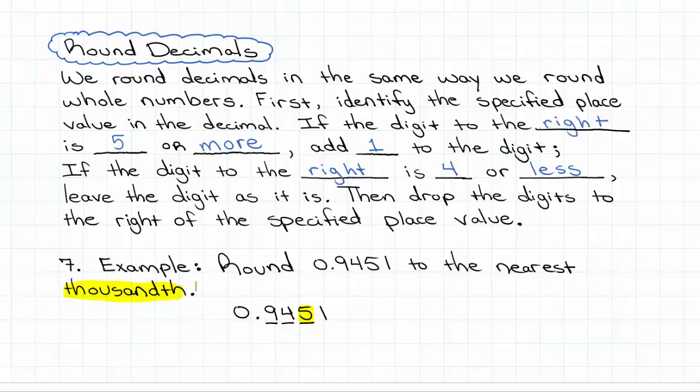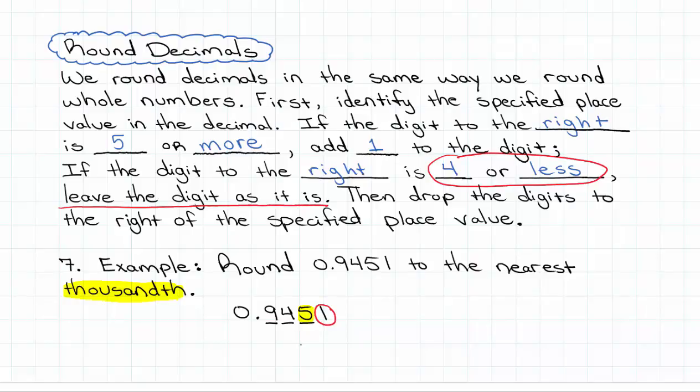Now we're going to look to the right of that digit. To the right of that digit is a 1. So 1, we would consider 1 to be 4 or less. So we're going to leave the specified place value as it is.